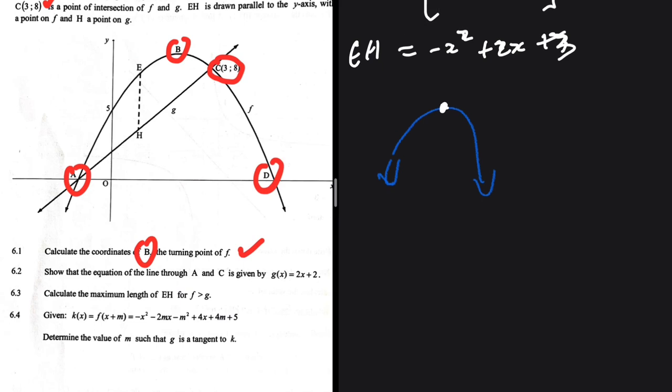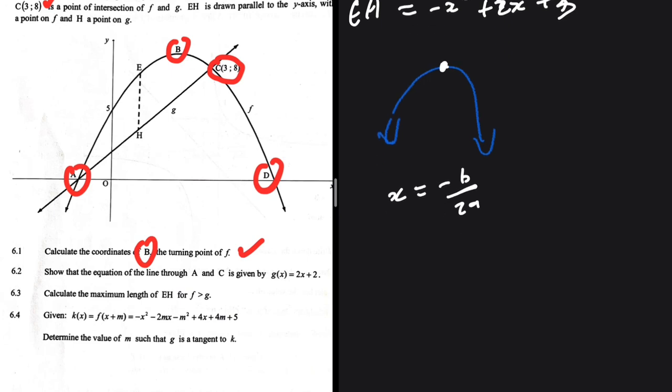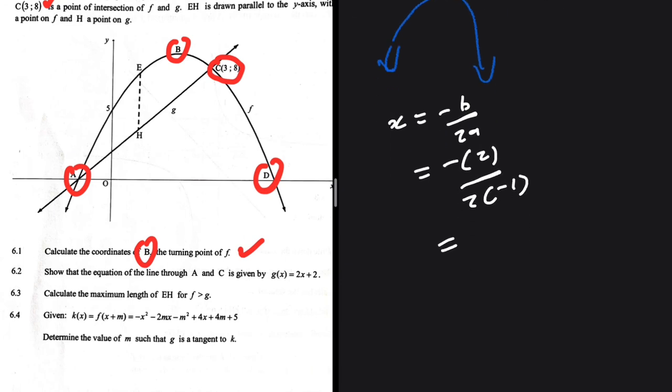So we can differentiate and equate to 0, or we can say x is equal to minus b divided by 2a. We can also do this. It's going to allow us to find the value of x at the turning point. So this is minus 2 over 2a, which is minus 1. So is x equal to 1? It seems like that is the case. And then now let's substitute this value of x into EH.